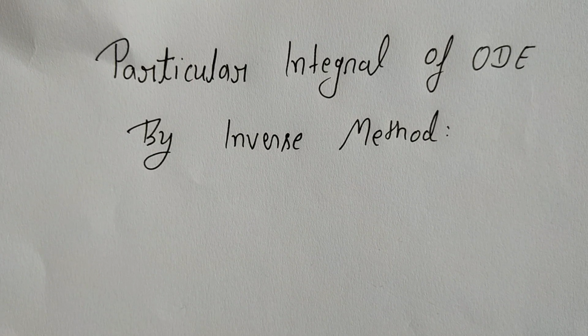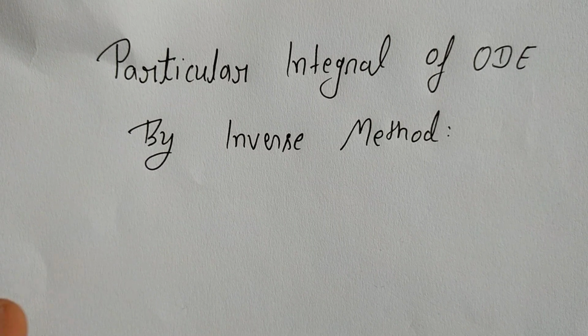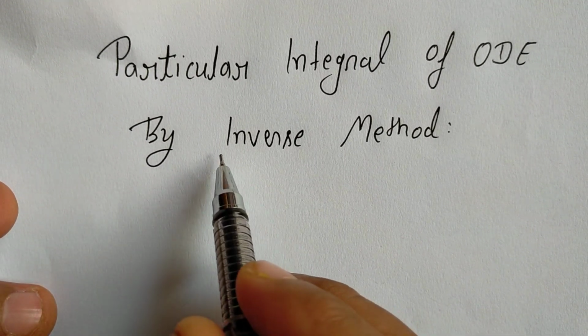This is a direct method for finding the particular integral, or one can say this is the shortcut method. The advantage of this method is that it is less time consuming and has simple calculation. So let us see what the inverse method is.